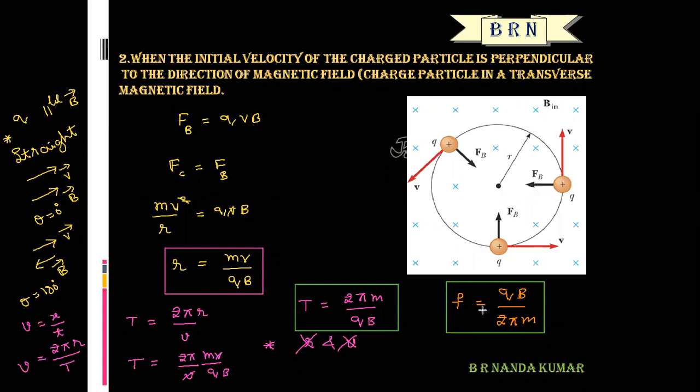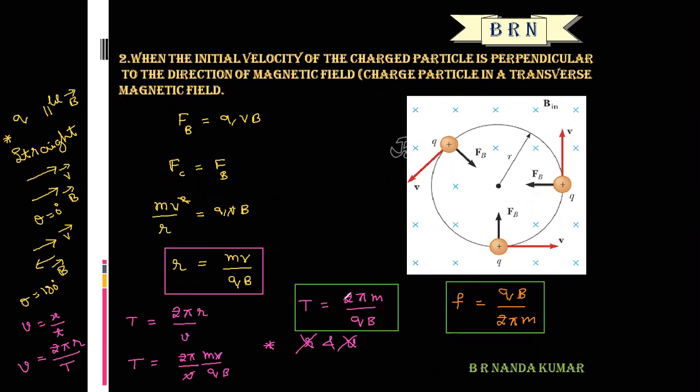Even the frequency of a charged particle does not depend on the radius of the circular orbit and the speed of the charged particle. Actually, this is the principle of the cyclotron. A cyclotron is a device that is used to accelerate positively charged particles.